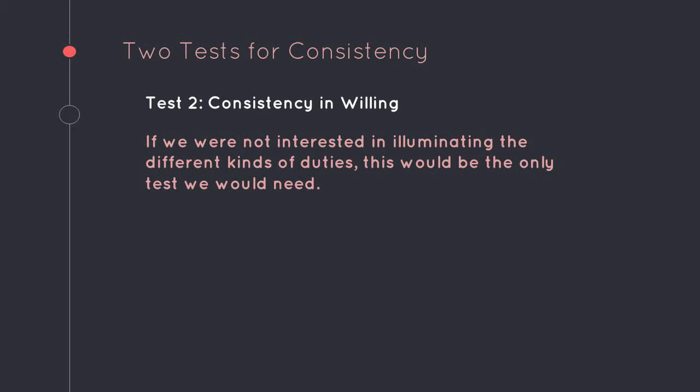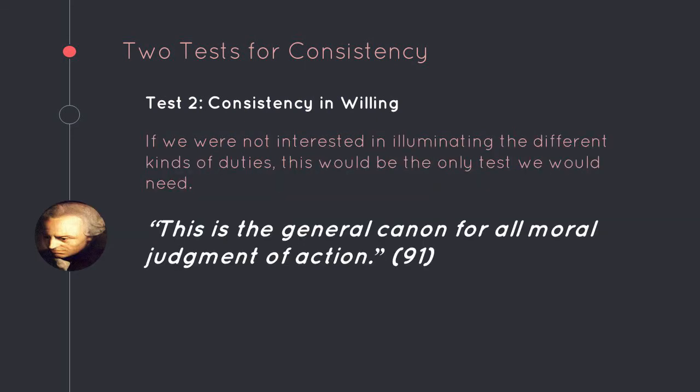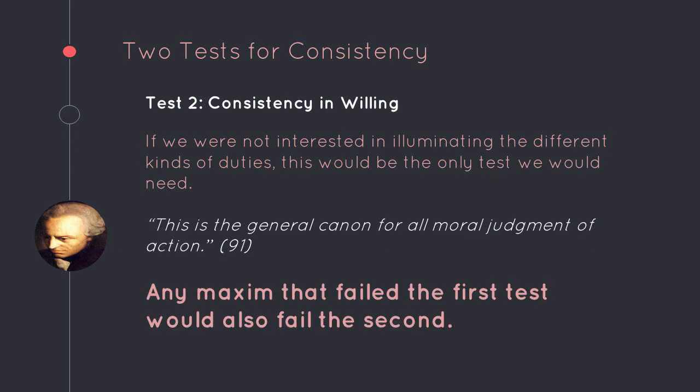As Kant says on page 91, this is the general canon, the general rule for all moral judgment of action. So the general rule is I must be able to will that my maxims serve as a universal law. But of course I can't will something that's inconceivable, and so it would fail the first test. Any maxim that failed the first test would also fail the second.